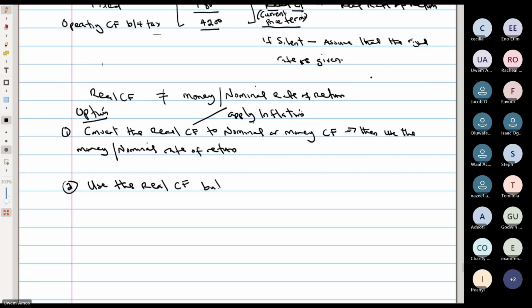But we convert the money slash nominal rate of return to what? To real rate of return.